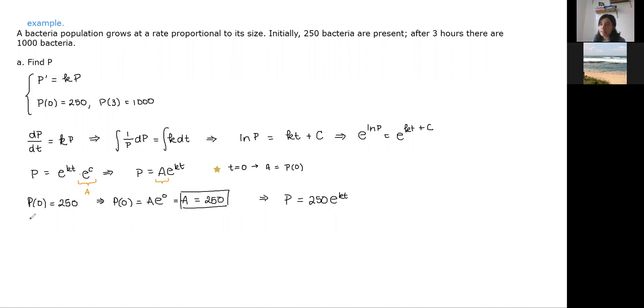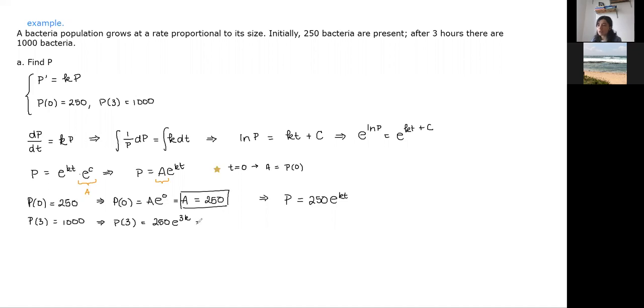The next thing that we know is that p of 3 is equal to 1000, which means that p of 3 is equal to 250 times e to the power of k times t, which is 3 times k.